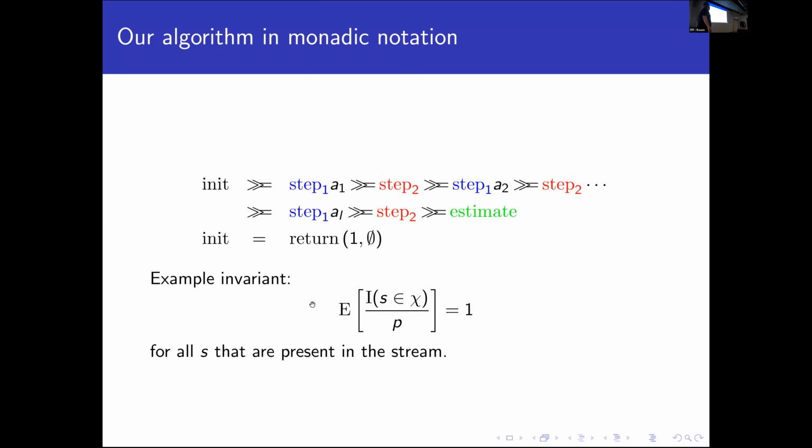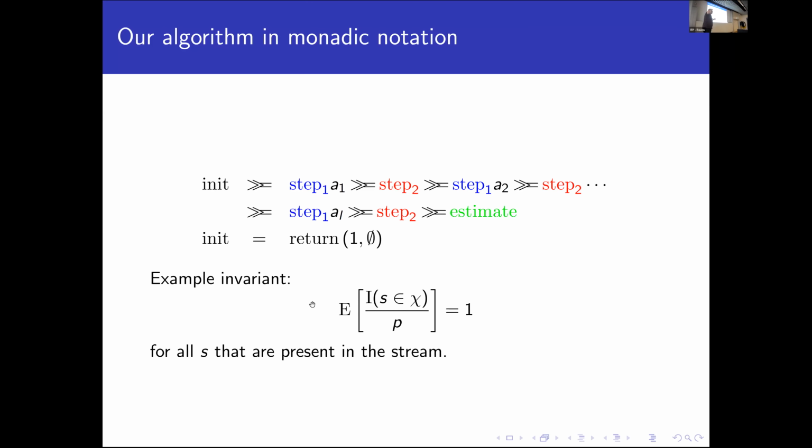And I'm gonna look at an invariant, and we're gonna show that it's true. It's that for any element which you encountered already in the stream, the indicator variable, the presence of that element in the buffer, divided by P is actually exactly 1. And that's the key invariant.